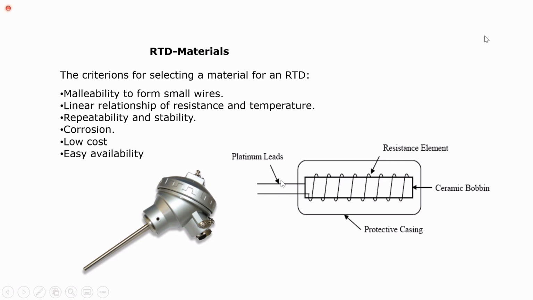Here we have platinum leads and the resistance material. We wind the resistance wire on a ceramic material, and there is a protecting case. This is the image of the RTD.